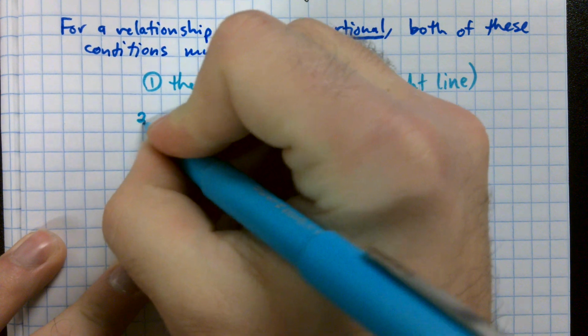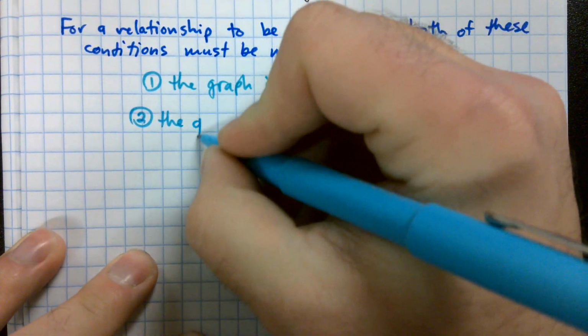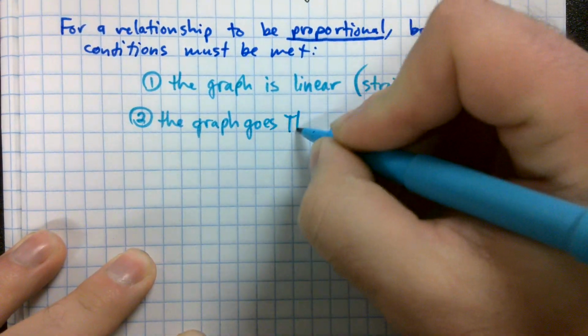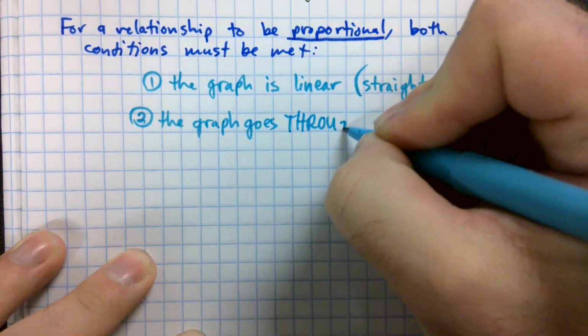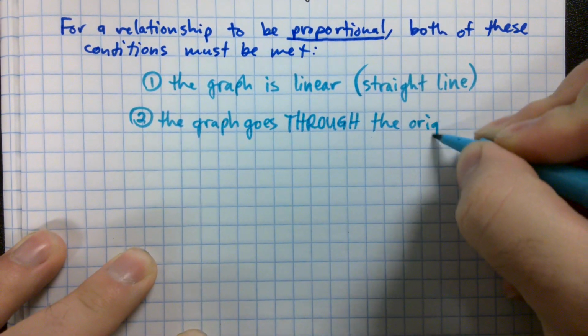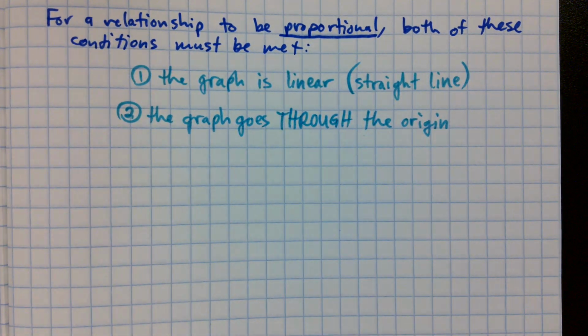The second condition that has to be met is the graph goes through the origin. The graph must go through the origin. Where is the origin on every single graph? The middle. Right in the middle. Circle. That's right.